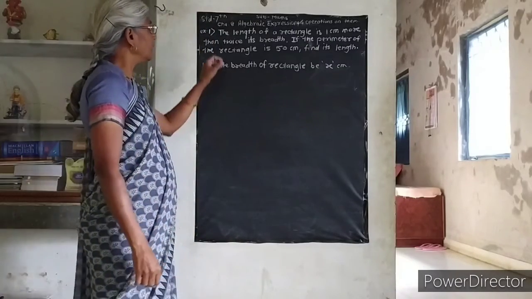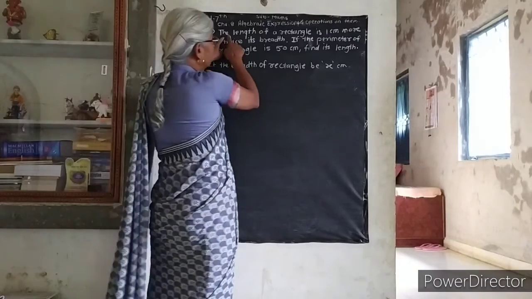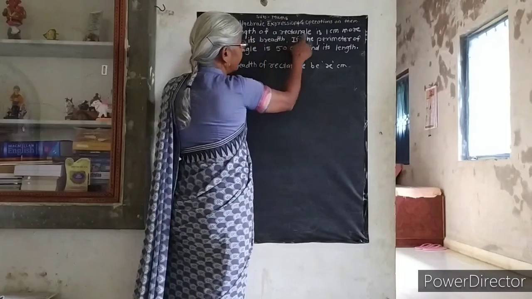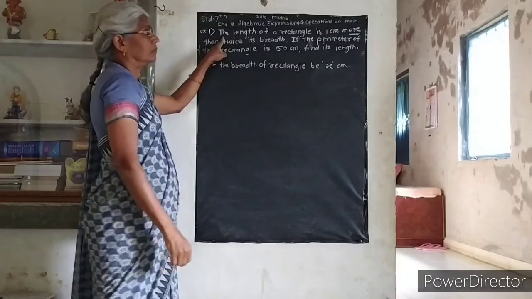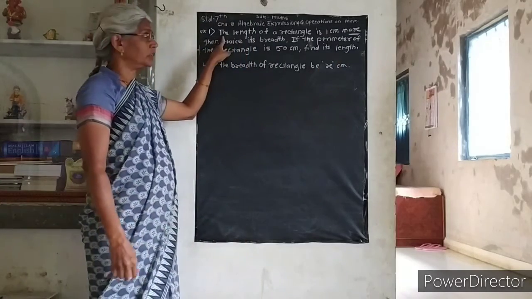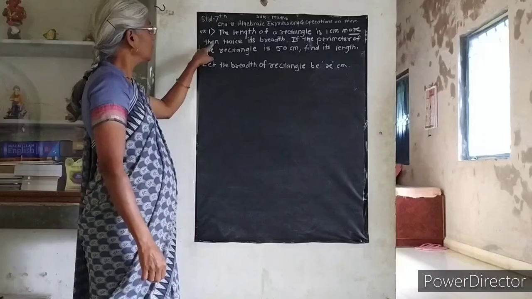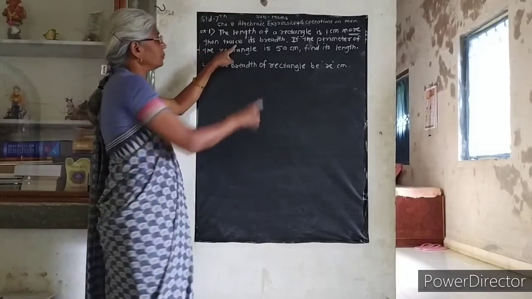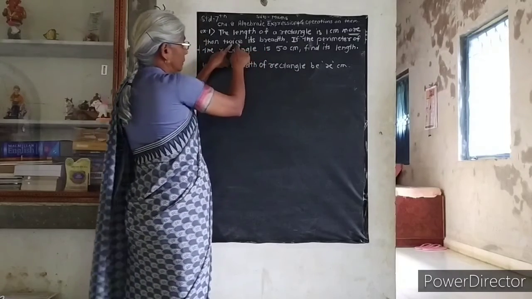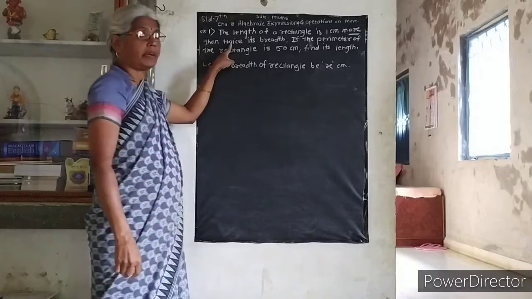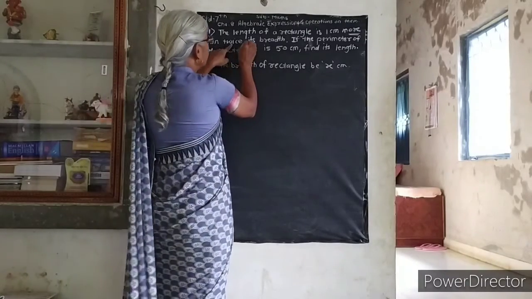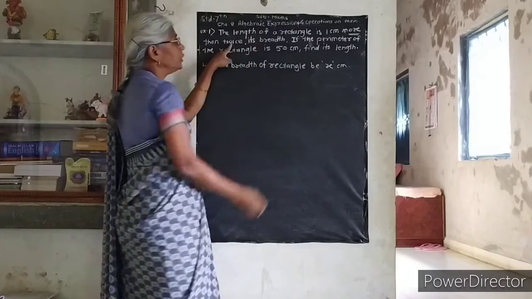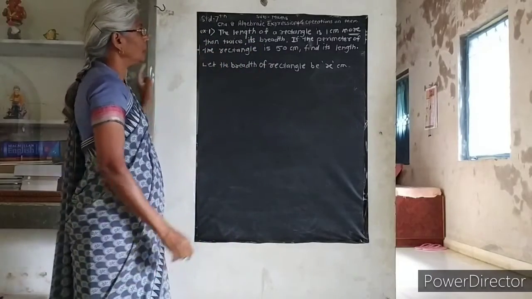Then read again a single sentence. The length of the rectangle is 1 centimeter more. More means addition. Whose? Twice its breadth. Twice means the multiple factor in multiplication. Then we convert that part into an equation. How?